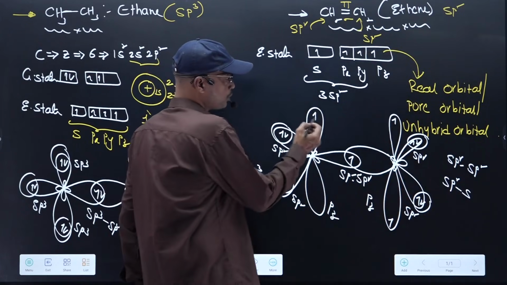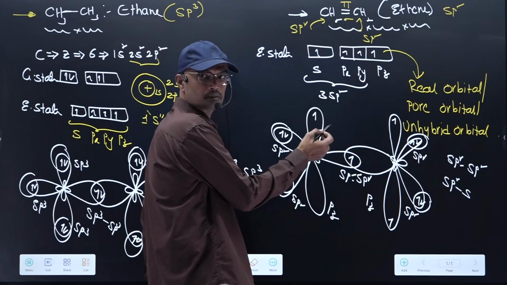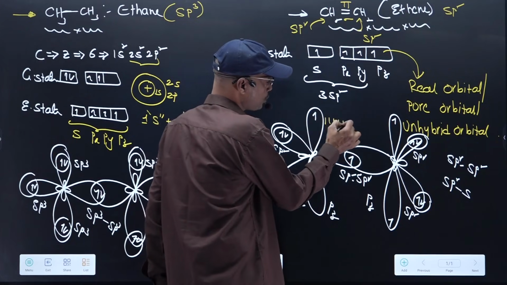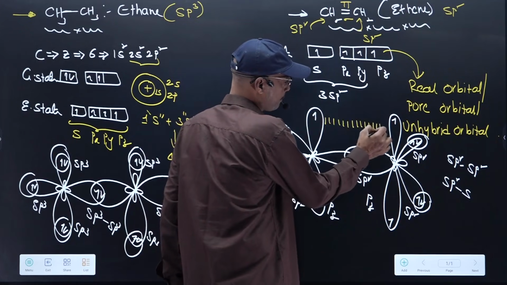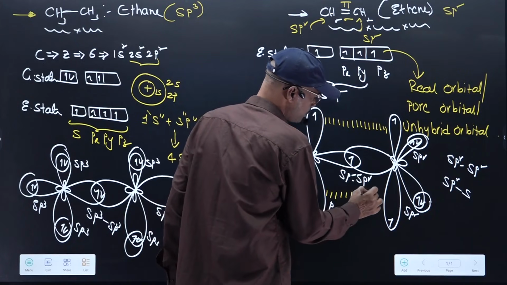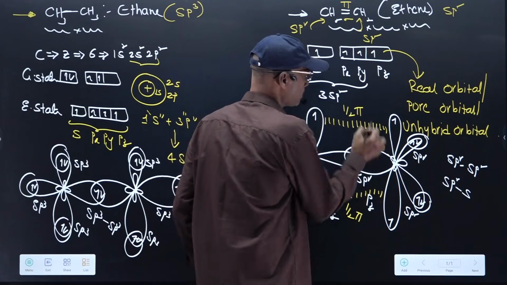Then what happens? What about these two orbitals? Are these two unhybrid or hybrid orbitals? Unhybrid. These unhybrid orbitals undergo sidewise overlap. Whenever they undergo sidewise overlap, they always give a pi bond. Half pi bond above, half pi bond below.